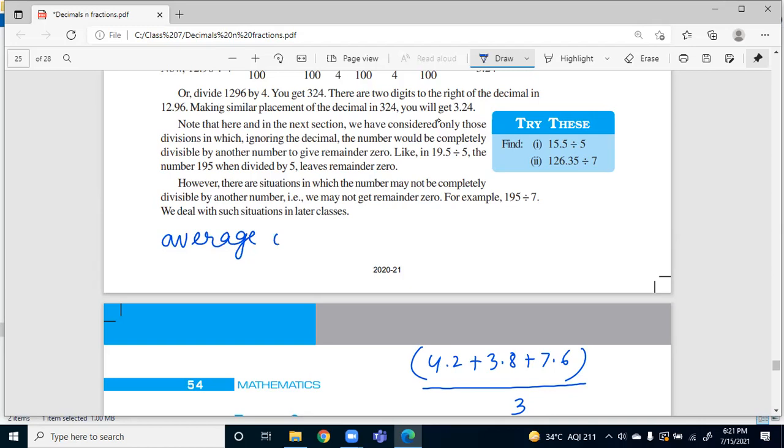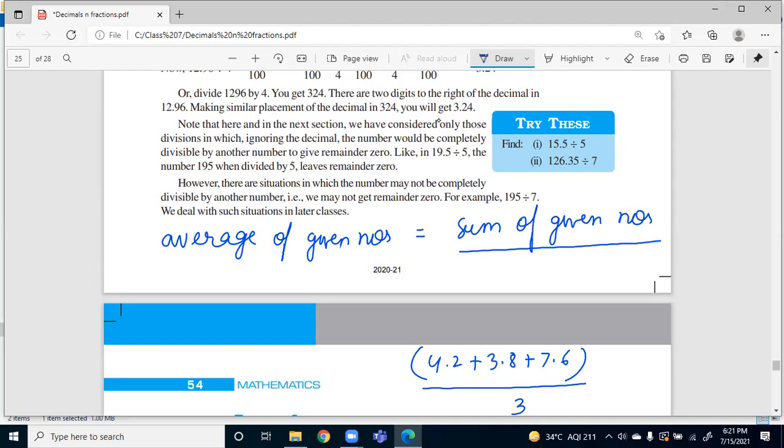Average of given numbers is equal to sum of given numbers upon number of numbers, or you can say counting of numbers.